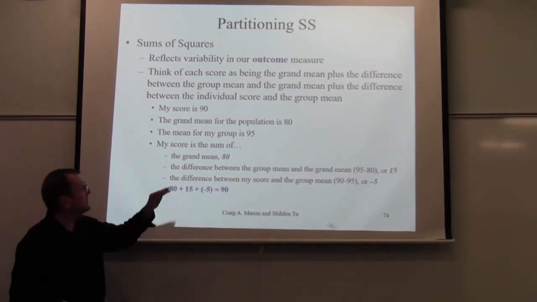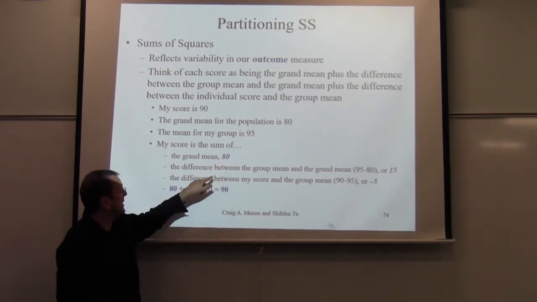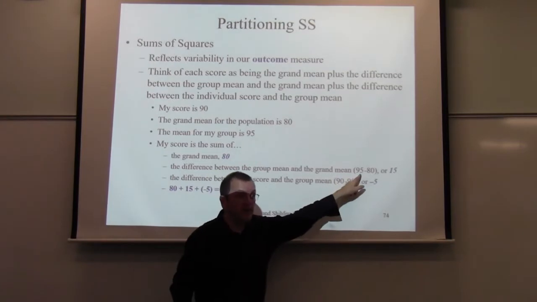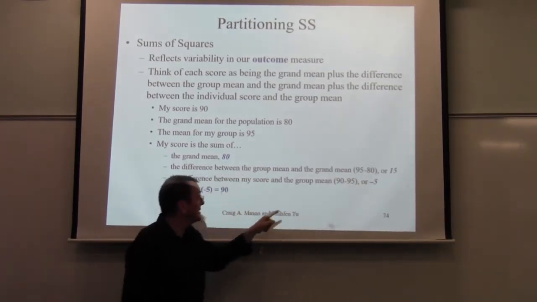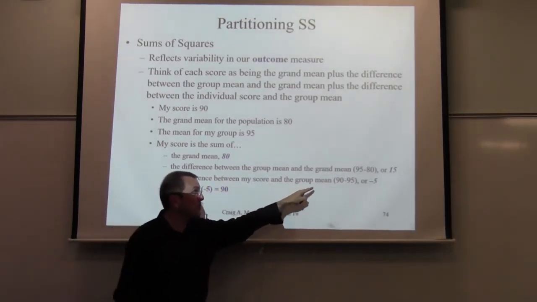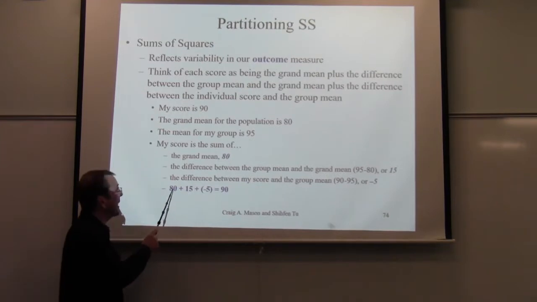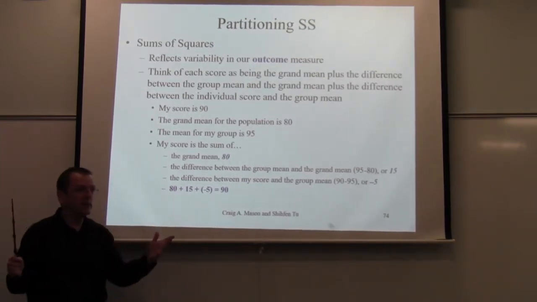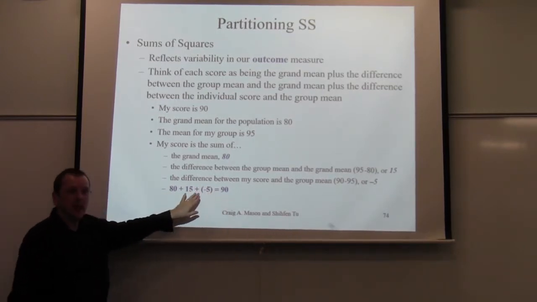Then we can break my score of 90 up into the grand mean, which is 80, plus the difference between my group mean and the grand mean: my group was 95 minus 80, so that's 15, plus the difference between my score and my group mean, which is 90 minus 95, or negative 5. So you add up 80 plus 15 minus 5 and that gives you 90, which is my score. You might think, well, that's kind of silly, but we're going to see how that's all related in a minute.